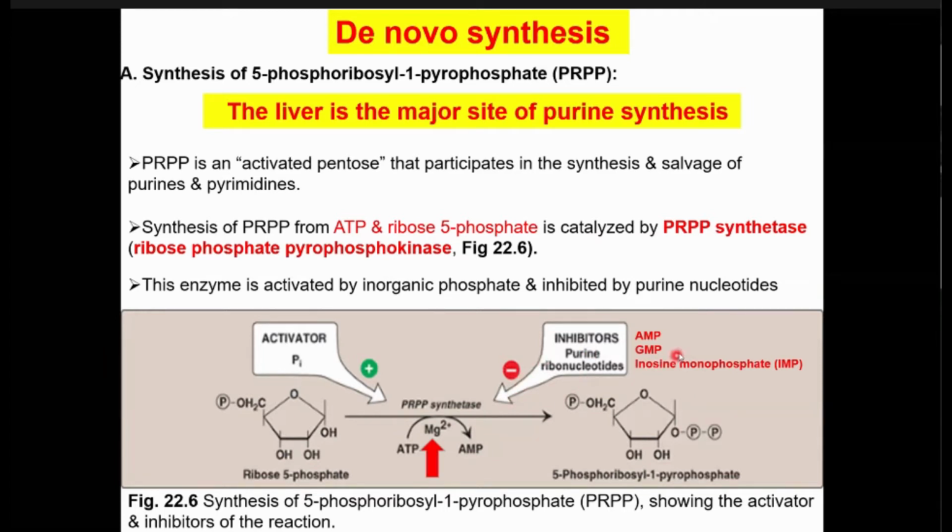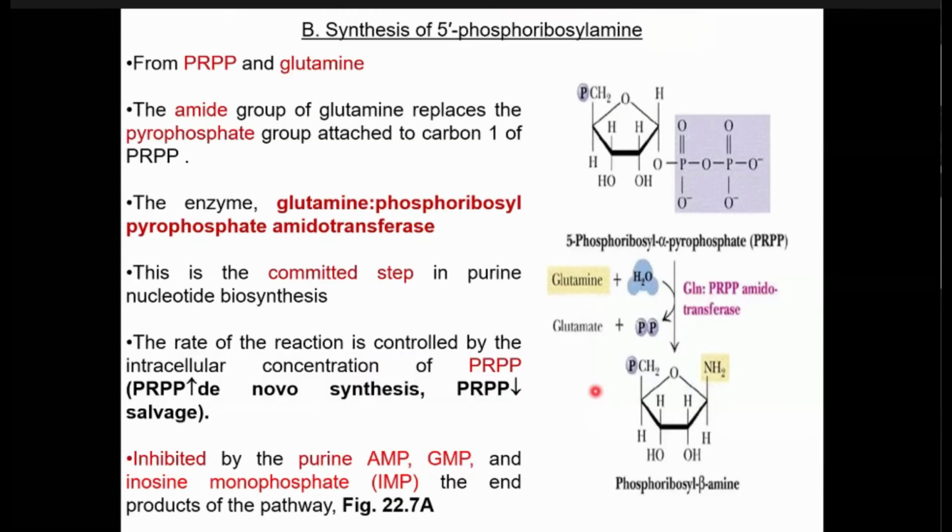If you have less AMP, GMP, inosine monophosphate, the Pi will activate this enzyme, which makes more AMP, GMP, and inosine. This step is not involved in the purine synthesis itself, but is a step before the real synthesis. But you need to know this is the beginning. We can consider this the first step of purine synthesis.